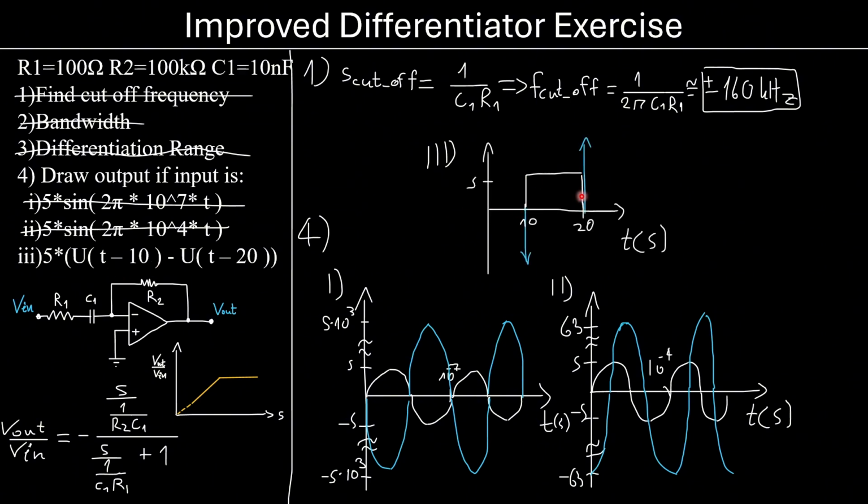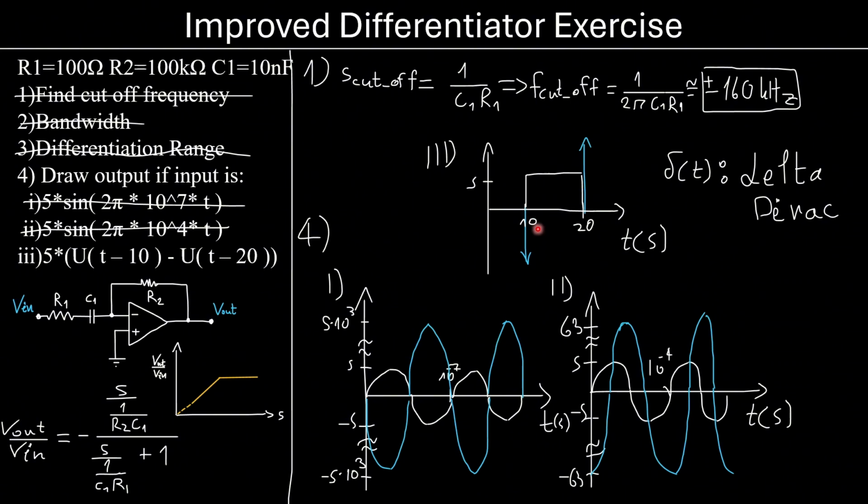If you remember from signals and systems, if you have taken this class yet, and if you haven't, don't worry about this section of the video, the differentiation of the step function is a delta Dirac function, which has a minus sign in front. Therefore, it's going to look like this. It has a minus sign because this whole thing has a minus sign.